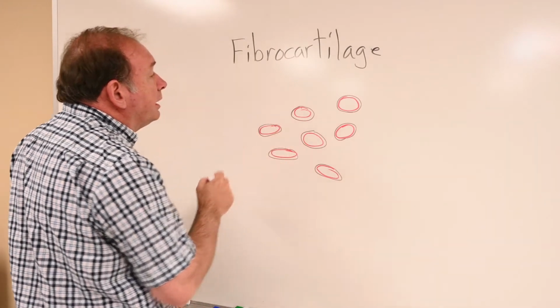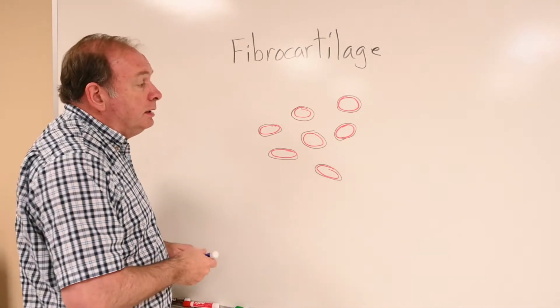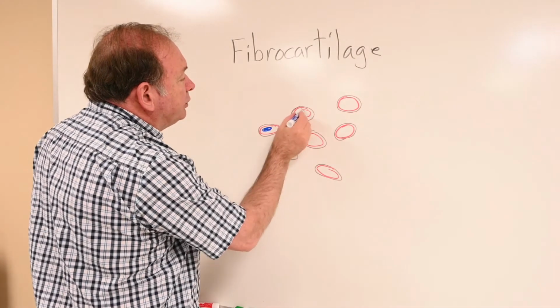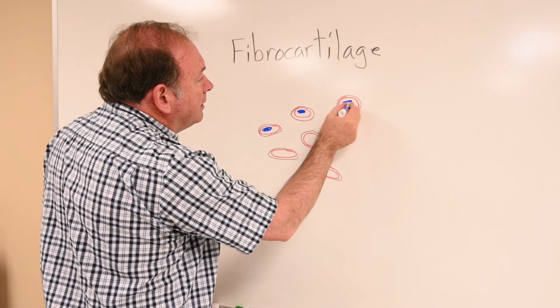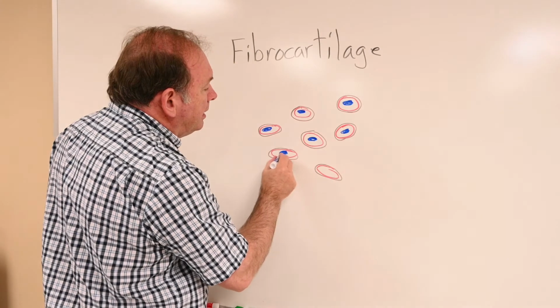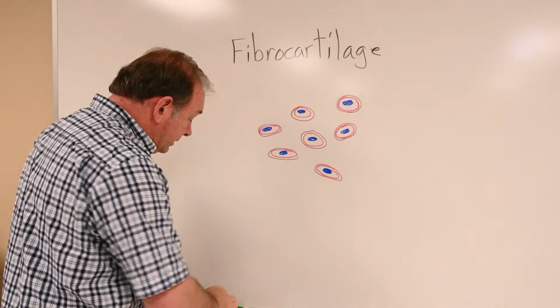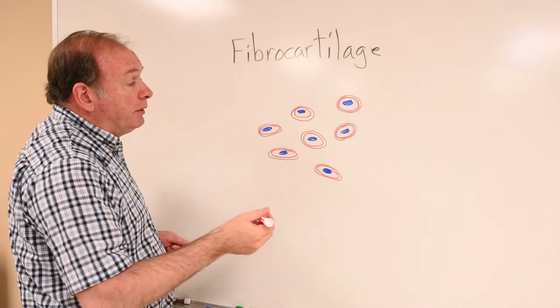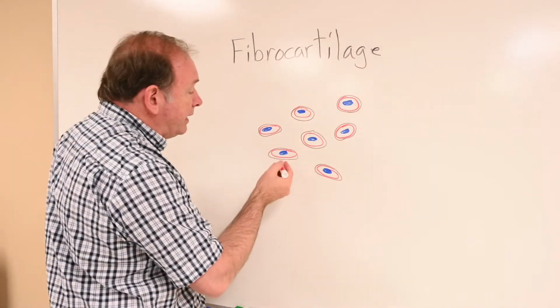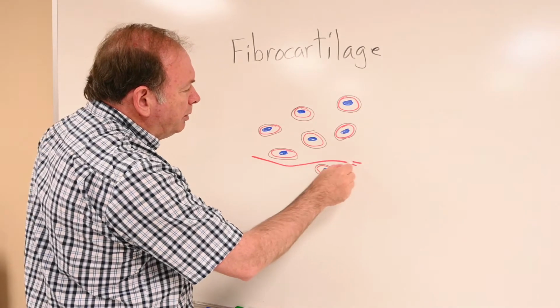So here we are looking at fibrocartilage. Again, we have chondrocytes in lacunae. I've drawn in several chondrocytes. We'll put their nuclei in here. And instead of having elastic fibers running through here, we're going to have thicker collagen fibers running through the tissue. Not usually too random in direction.